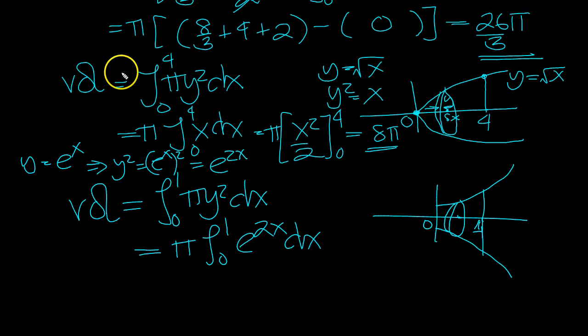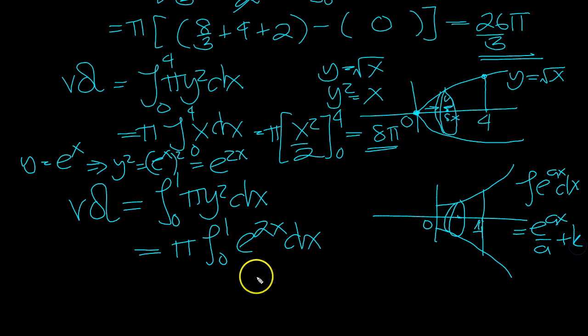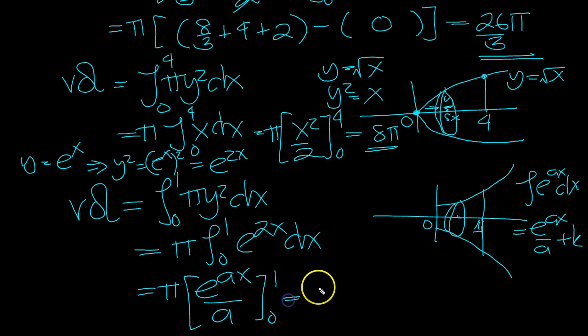Now it's a standard integral: the integral of e to the ax dx is equal to e to the ax over a plus k, so let's use that formula. e to the ax over the value a, integrated between 0 and 1 as a definite integral.